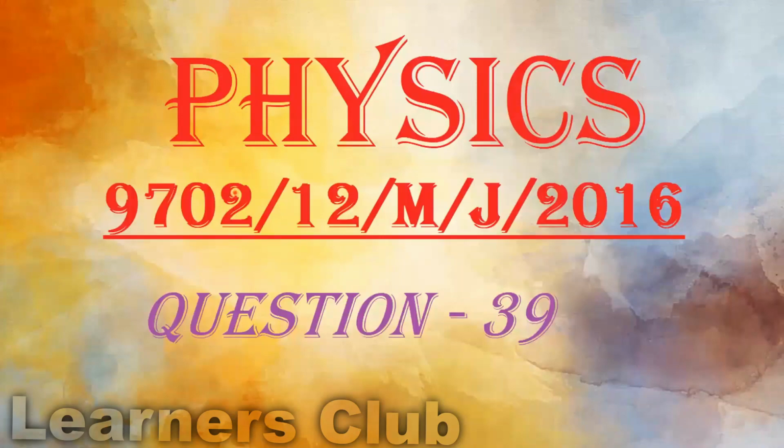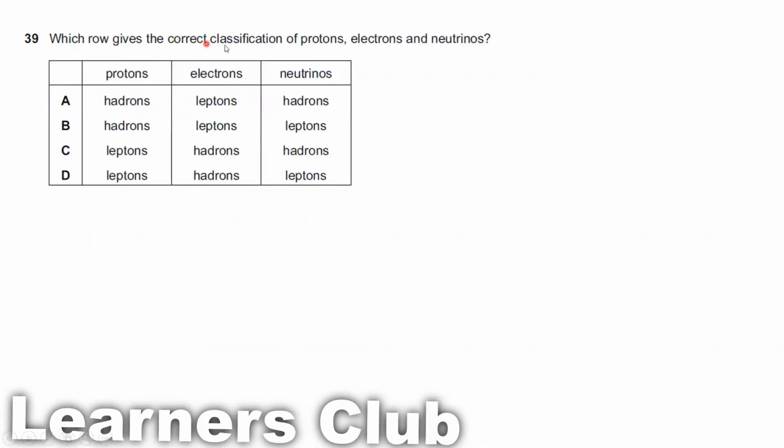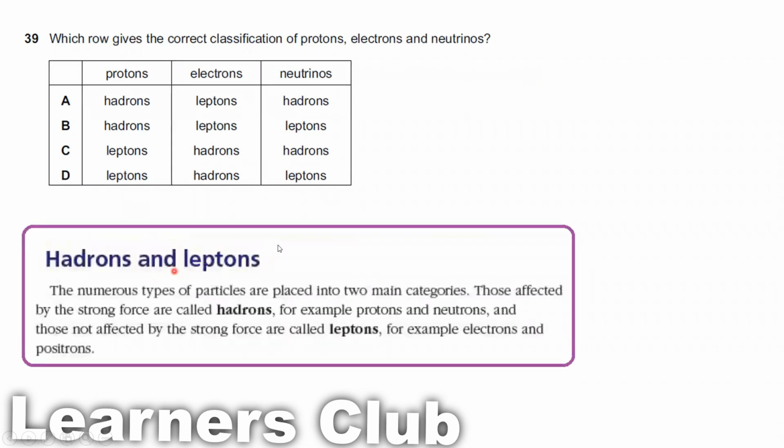Question 39. Which row gives the correct classification of proton, electron, and neutrinos? So we have two terms, hadrons and leptons. The numerous types of particles are placed into two main categories. Those affected by the strong force are called hadrons. Examples of hadrons are protons and neutrons.